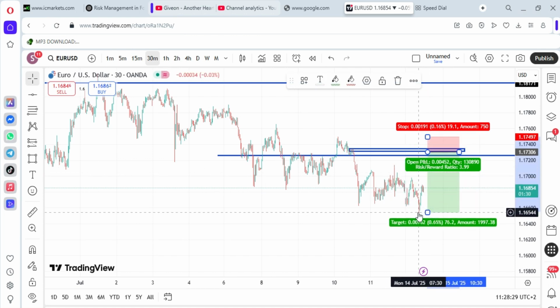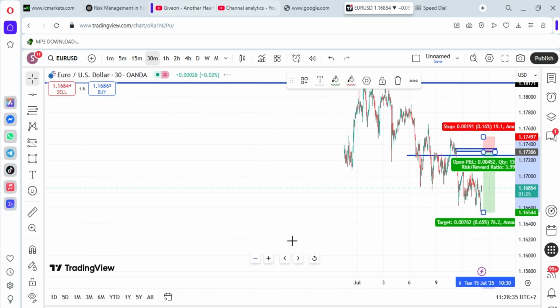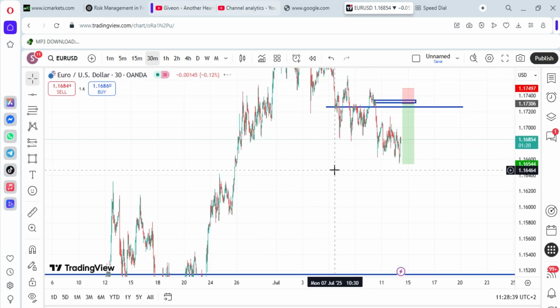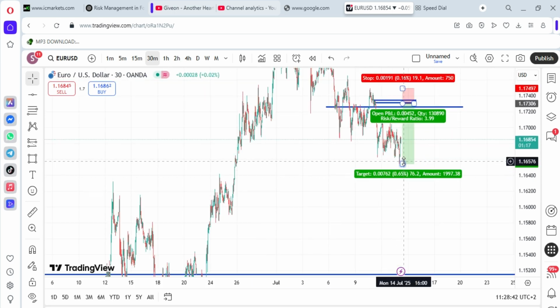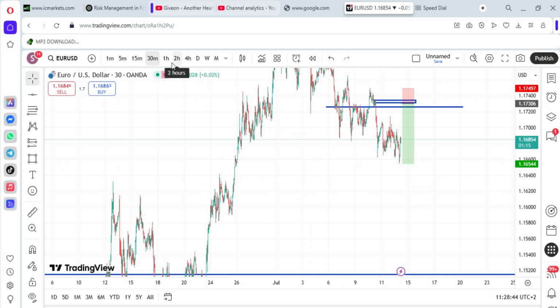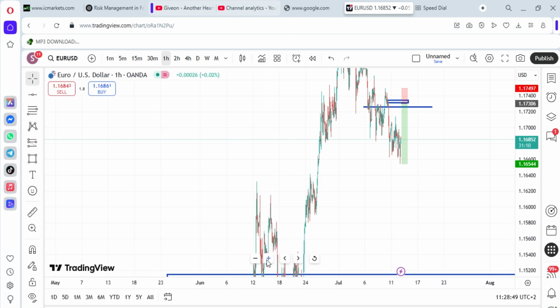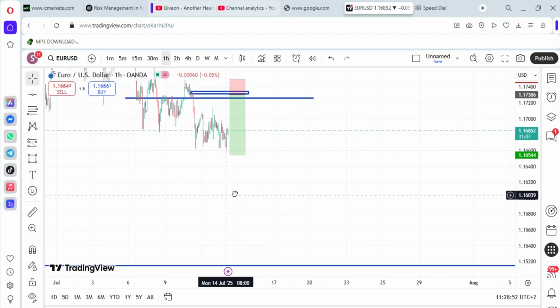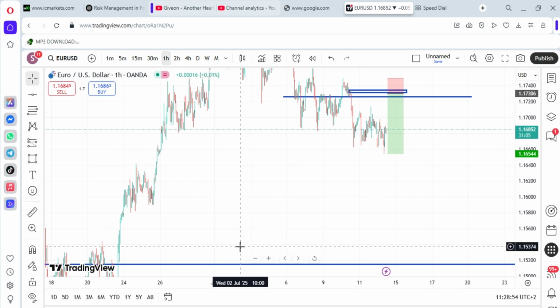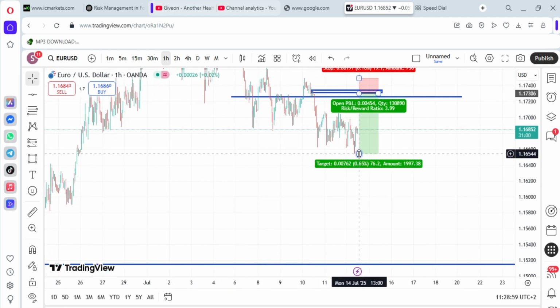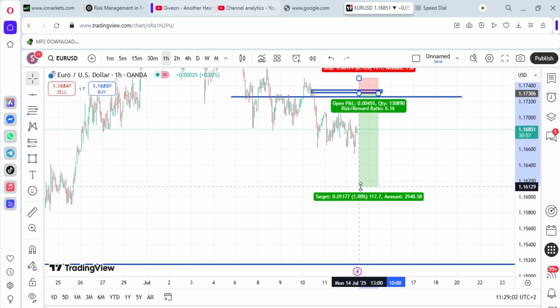Our TP is usually on the previous or the recent low or high, or we can place it on the nearest danger zone.